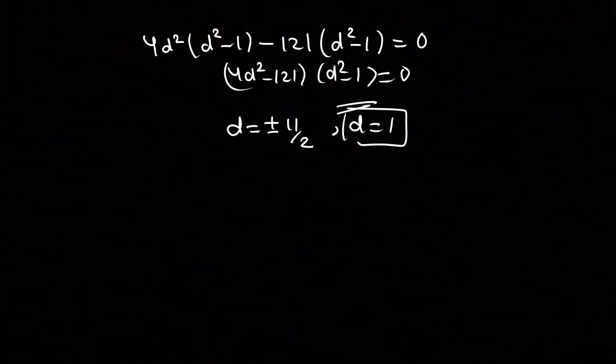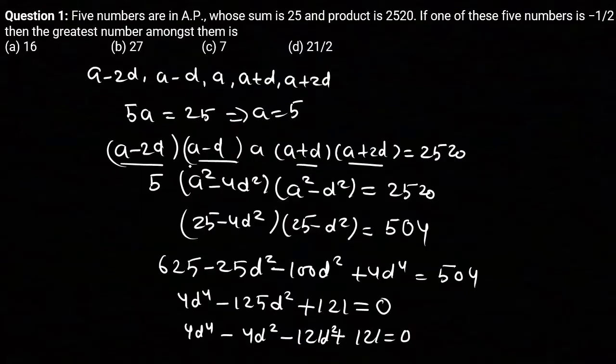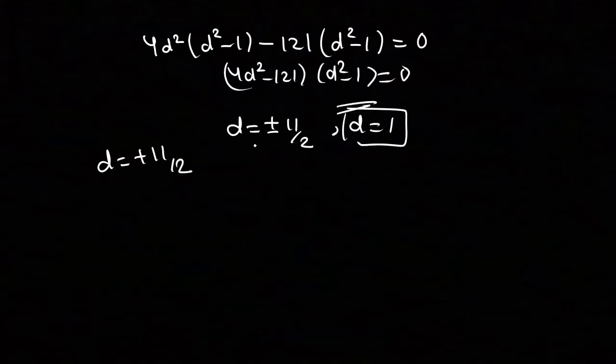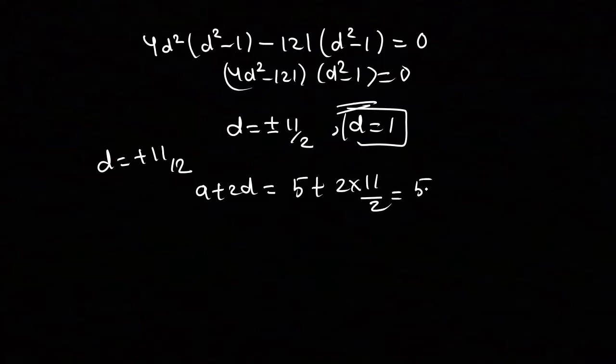So greatest number, if D is equal to plus 11/2, then the greatest number will be a plus 2d. A plus 2d is equal to 5 plus 2 into 11 by 2, that is 5 plus 11, that means 16.